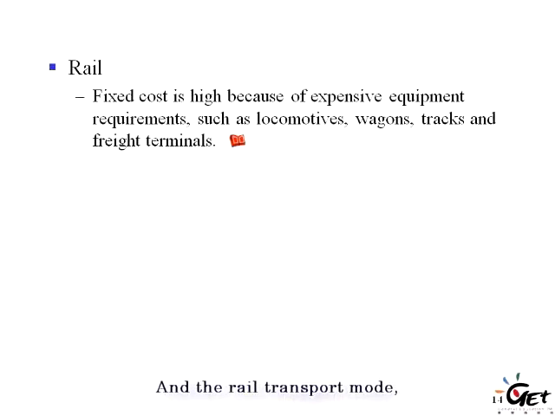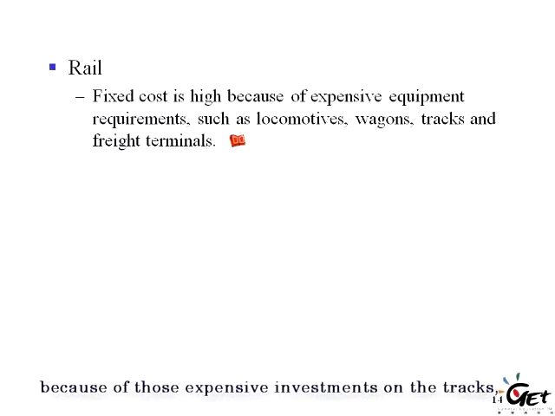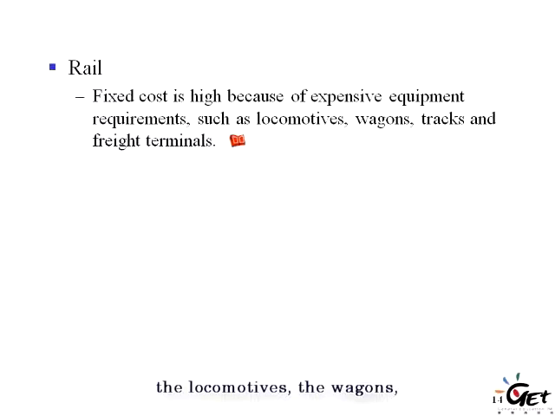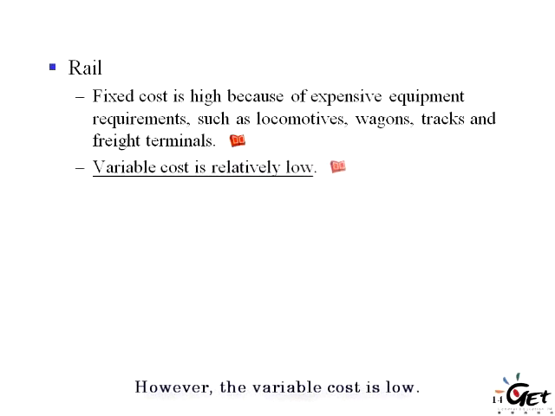For the rail transport mode, the fixed cost is rather high because of the expensive investments in the tracks, locomotives, wagons, terminals, handling equipment, etc. However, the variable cost is low. This is the opposite situation to the air transport mode.